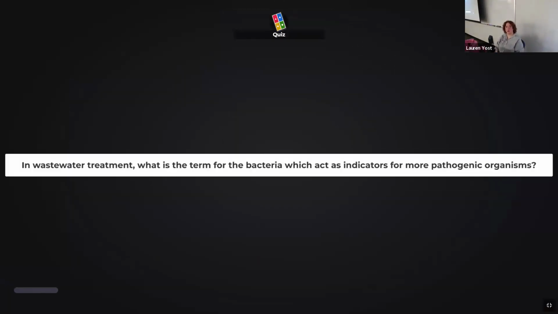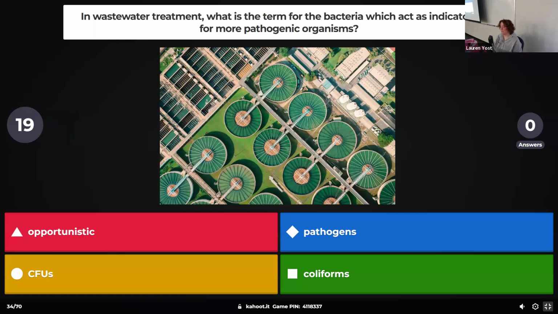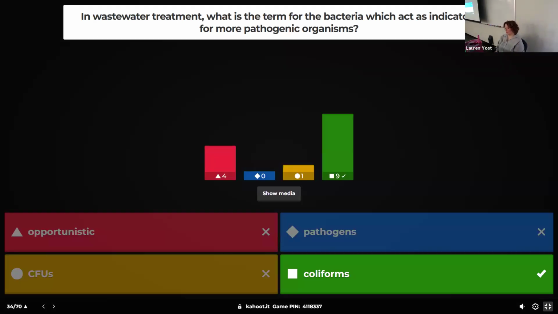Okay, 34, all right, in wastewater treatment, what is the term for the bacteria that act as indicators for more pathogenic organisms? If these guys are here, pathogens could be there too. Right, so these are fecal coliforms, normal poop bacteria.